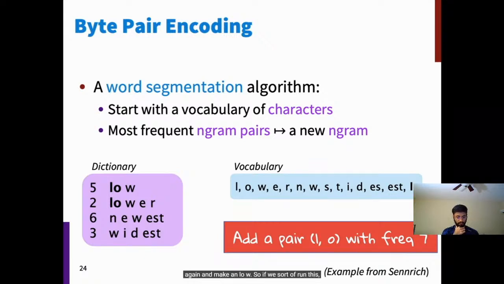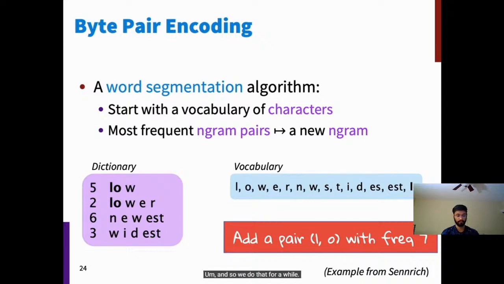So if we run this, we start to build these clumps of common letter sequences, and so common bits like EST, but also just common words in English will very quickly be clumped together and be a unit of our vocabulary.